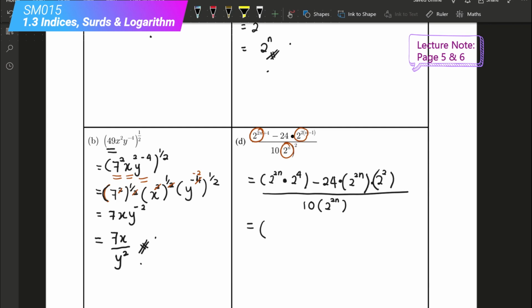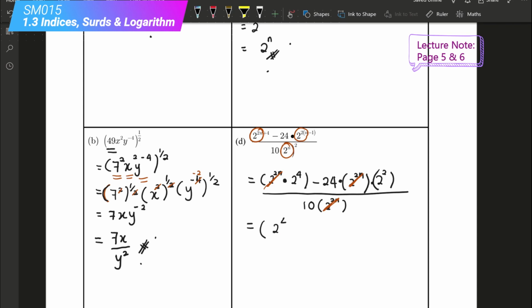So we can actually remove this, because each term has 2 to the power of 2n. So what is left if we omit these 3 terms, all the same thing? What do we have left? We have 2 to the power of 4.